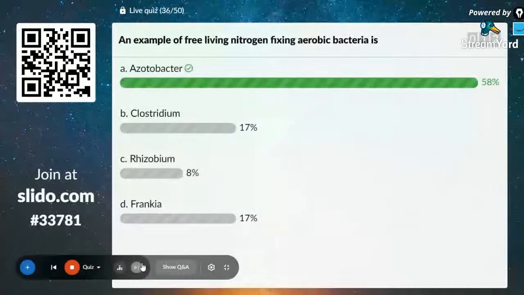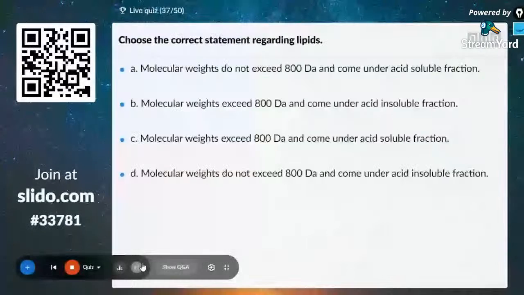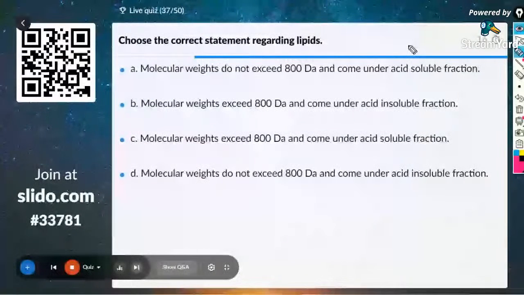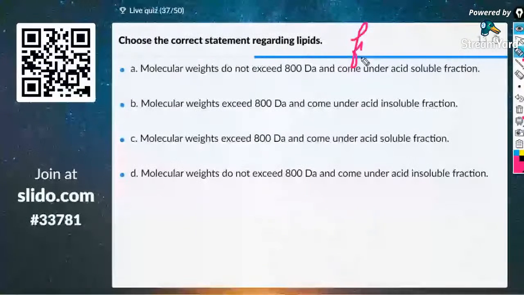Next question on the screen. Choose the correct statement regarding the lipids. Question again from the chapter Biomolecules, from the very first topics of that chapter. Yes, let me check who gives the correct answer.